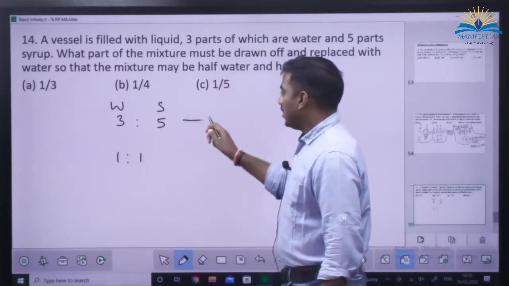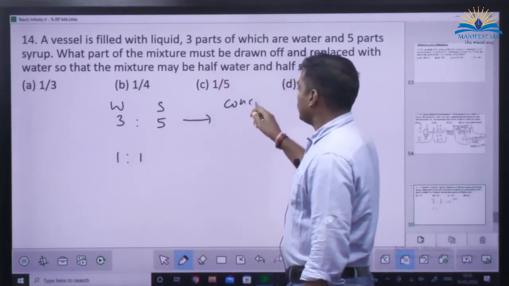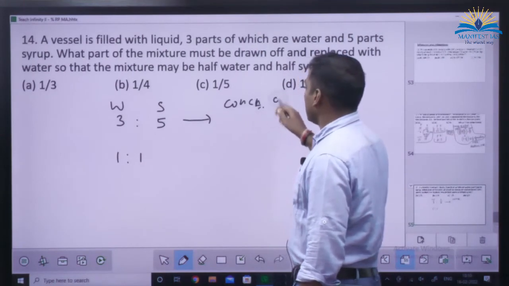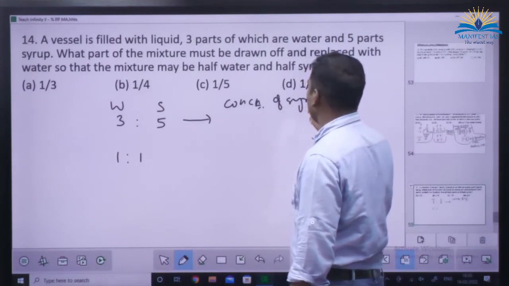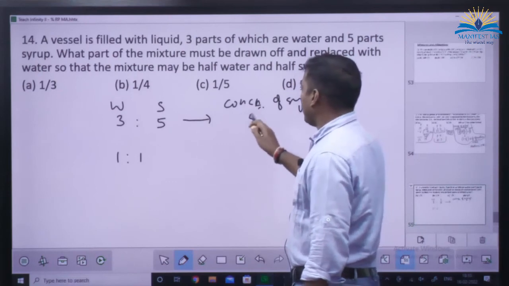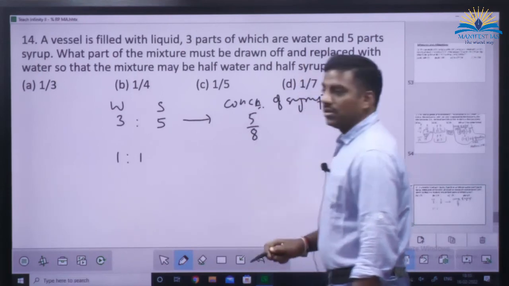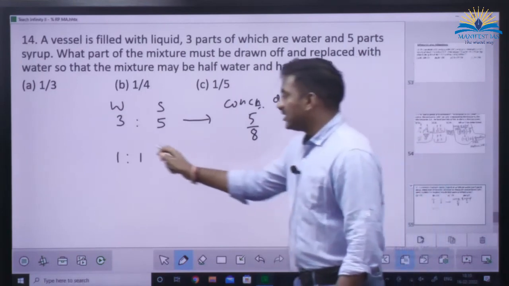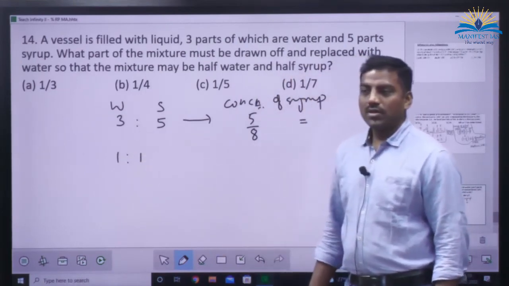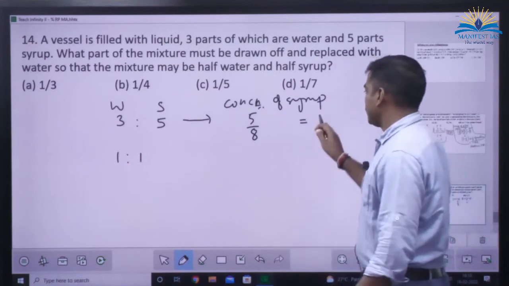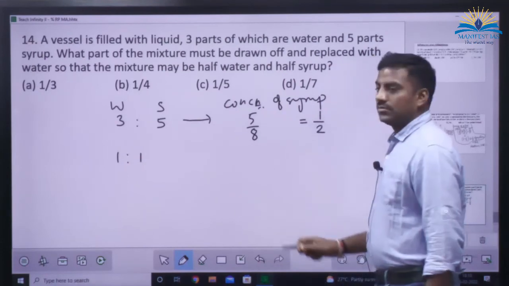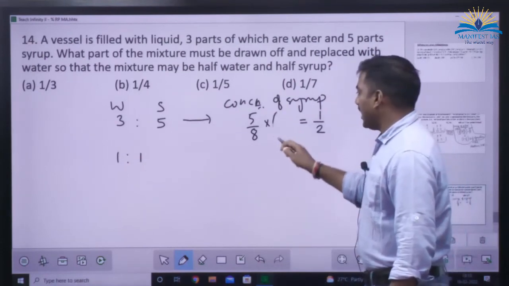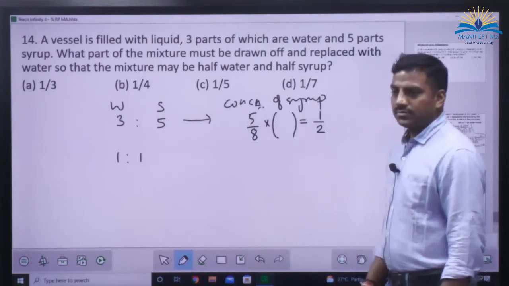Now tell me the concentration of syrup in the first go. 5/8, very good. Concentration of the syrup has to become what? 1/2. I have to multiply something and get this.